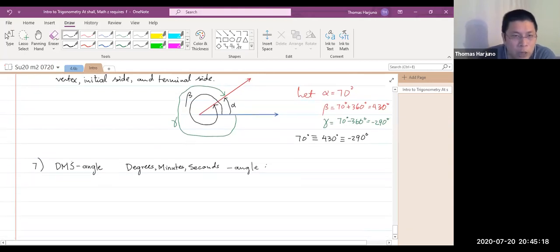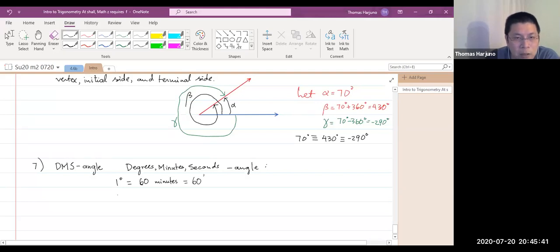Now, we usually just write it in degrees with decimals, but we can also break it up further into minutes and seconds, where 1 degree is equal to 60 minutes, which is written 60 minutes, like that.